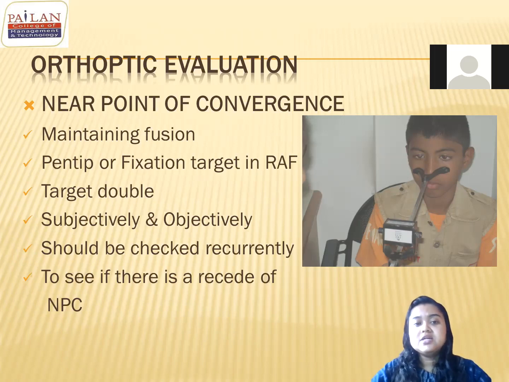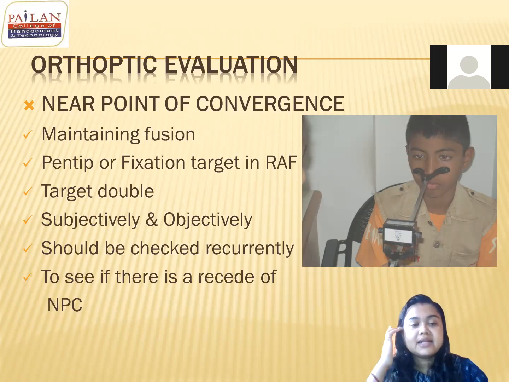How to do that? You give a near target to the patient, suppose a pen tip to fix on. When you bring the tip of the pen towards the nose, at one point one of the patient's eyes will go out.